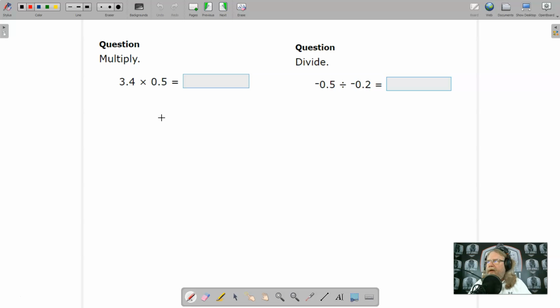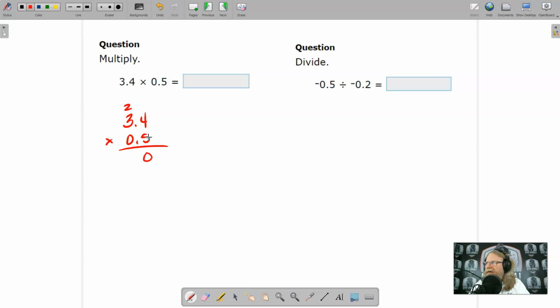Here we are, multiplication of decimals. Now, many people are probably going to use a calculator for this, but let's revisit the way that we learned, or hopefully learned years ago. We could stack these up. 3.4 times 0.5. We're going to multiply using the old tried and true algorithm. 5 times 4 is 20.